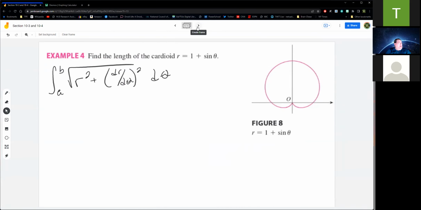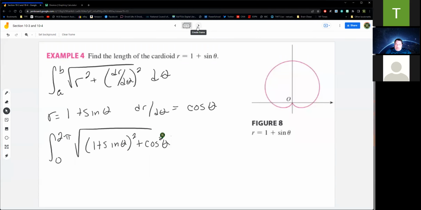So my r is 1 plus sine theta, and then my dr d theta is cosine theta. So we're going from 0 to 2 pi, of the square root of 1 plus sine theta squared plus cosine theta squared d theta.